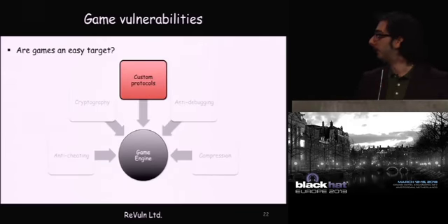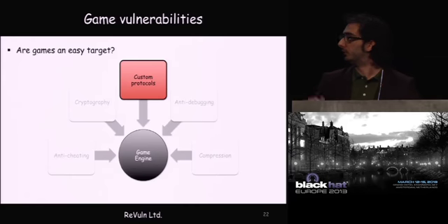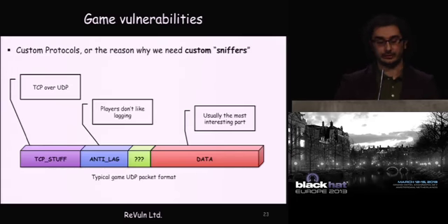Okay, so this is our map, and we're going to start by detailing custom protocols. As you may know, for performance reasons, usually games go over UDP. But it's not just using UDP and that's it. Usually they tend to use an implementation of TCP over UDP.